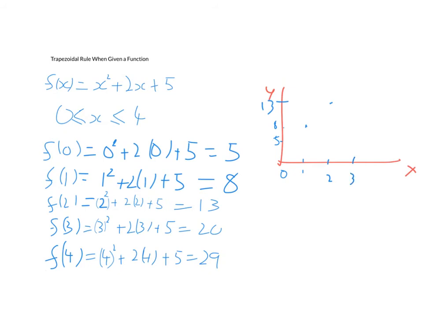At 3, it will be 20. And at 4, it will be 29. So if we were to plot that curve, it would look something like this, part of a quadratic curve.